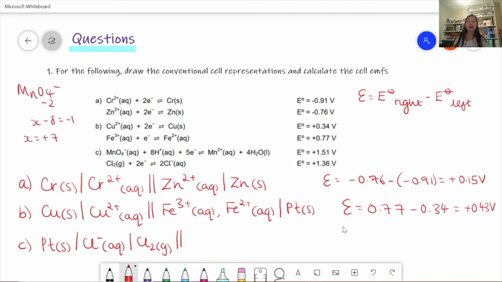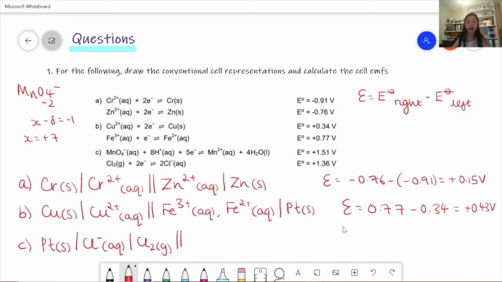If you don't remember how to work out oxidation states, then you should quickly go onto the video about oxidation states and then come back. So the oxidation state of manganese is +7, and then the H+ is +1, and then the manganese ion 2+ is +2. So that means that the most oxidized one goes in the middle, so that means that the MnO4- will go in the middle because the oxidation state is the biggest.